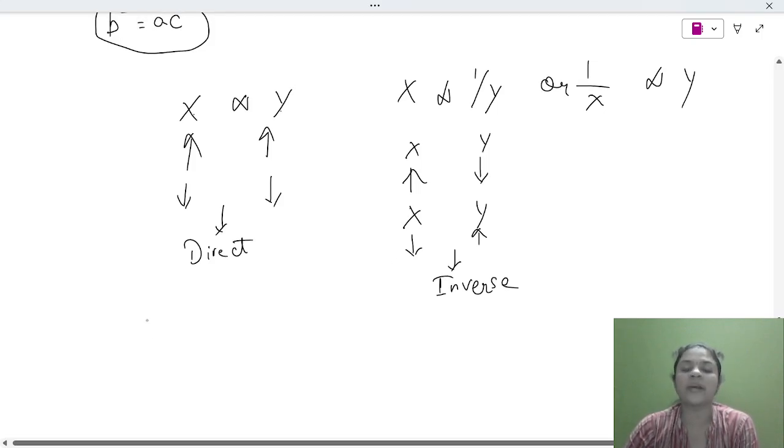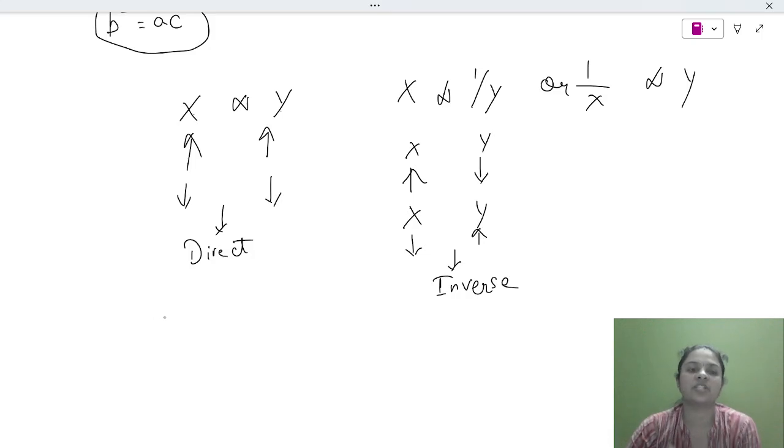Now, how to find out the missing figure when it comes to direct and inverse variation? Just remember the shortcut. Whenever we have direct variation, say for example, when x1 is a particular value, y1 is given. So, x2 is given. Now, how to find out y2?